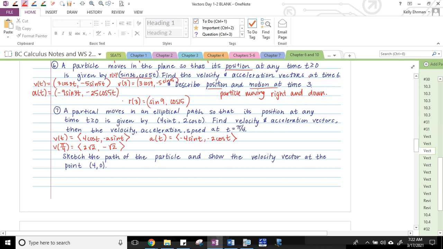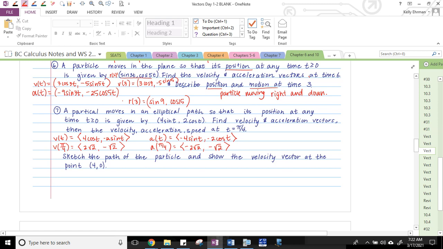And the acceleration at pi over 4 is negative 2 radical 2, negative radical 2. So it doesn't ask me this, but the particle is moving to the right and down, and its velocity is decreasing in the x direction because that's negative, and it's decreasing in the y direction.